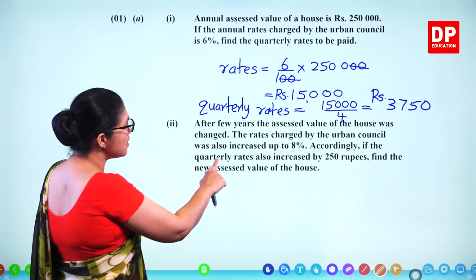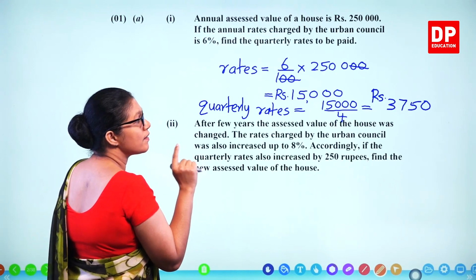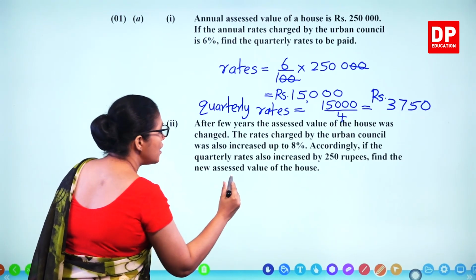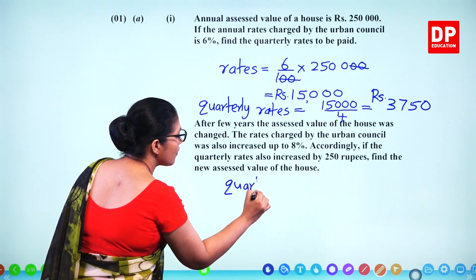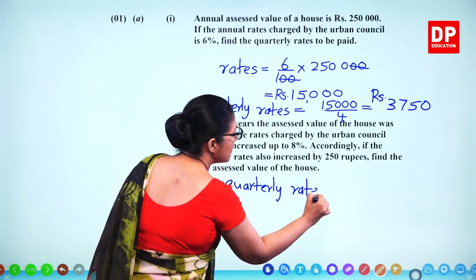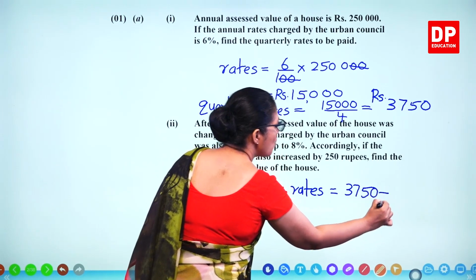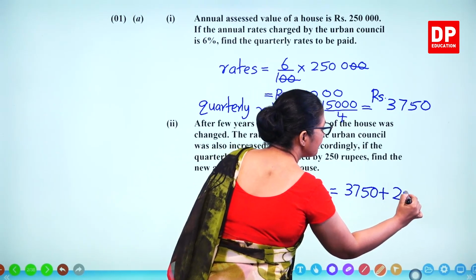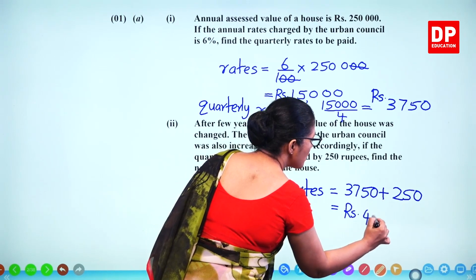So the quarterly rates increased by 250. Before it was 3,750. So what's the quarterly rates now? 3,750 plus 250, that's 4,000 rupees.